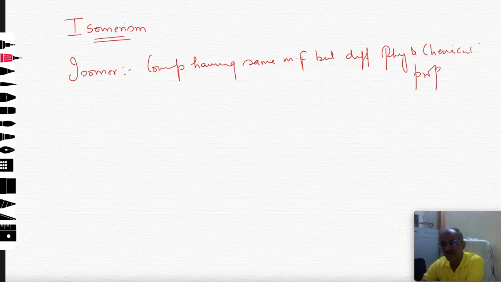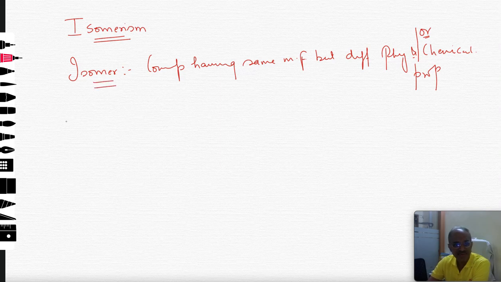Or you can say physical and/or chemical properties, because it's not always that both are different. So these are known as isomers.